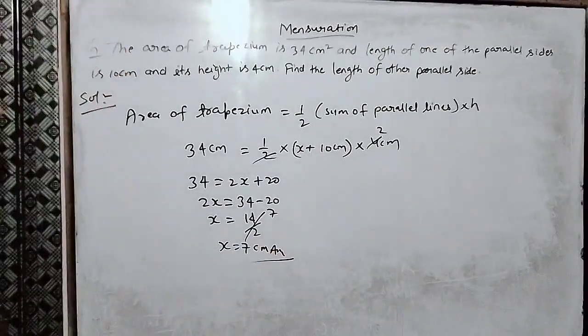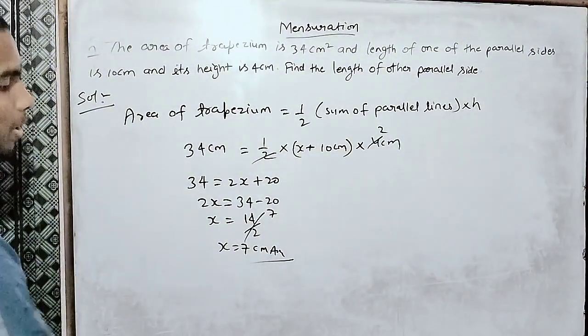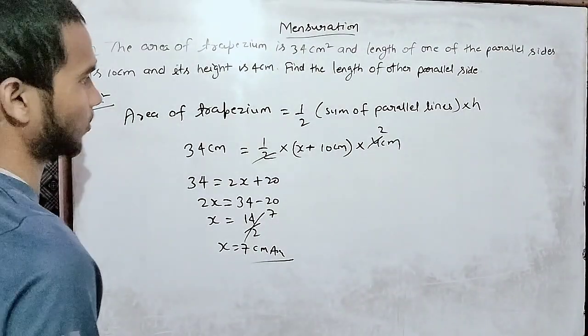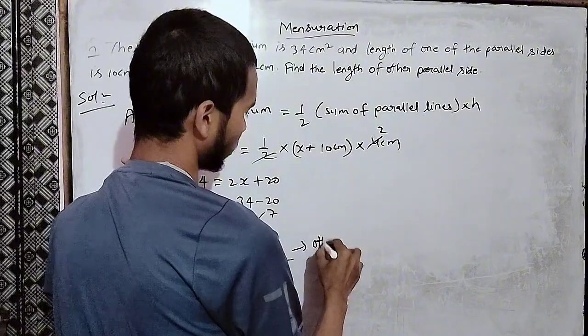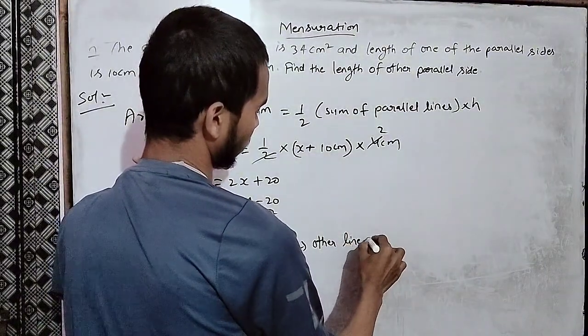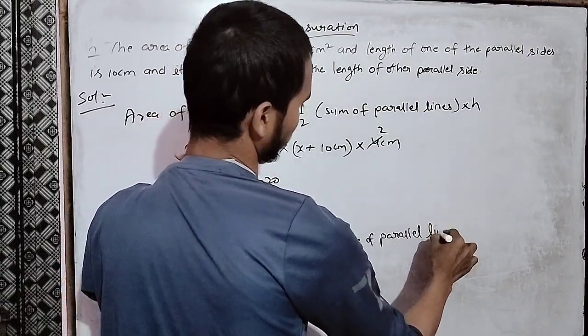So the length of the other line of the parallel lines of the trapezium is 7 centimeter.